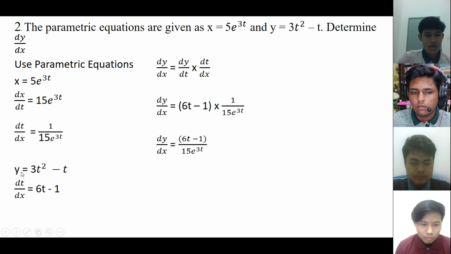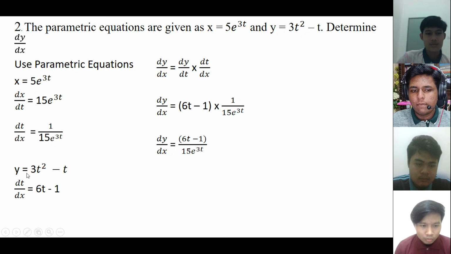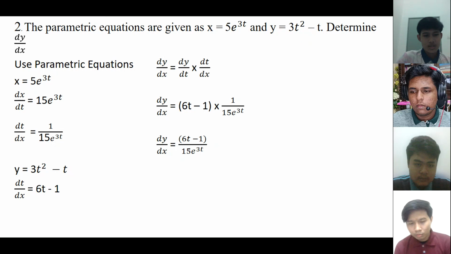Next step, we solve the y equation. y equals 3t to the power of 2 minus t. So we differentiate it, dy over dt, we got 6t minus 1.